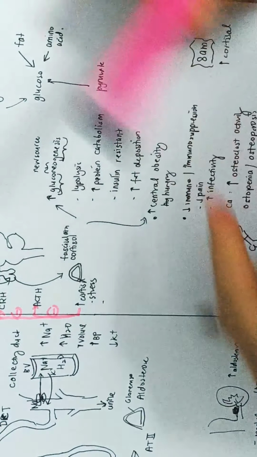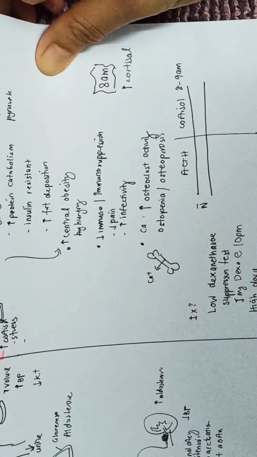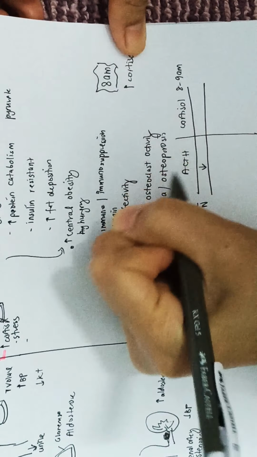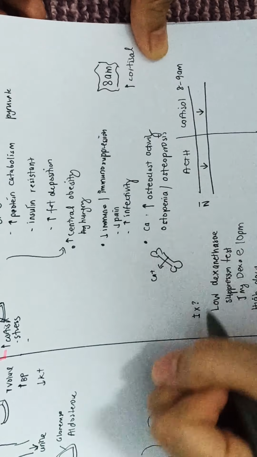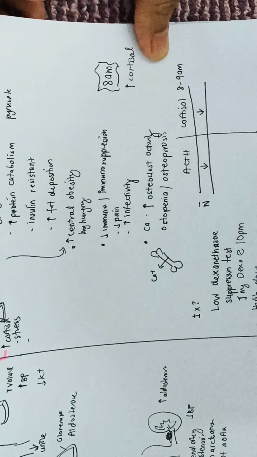So logically, in a normal condition, you are going to find the ACTH to be low and cortisol will be low because you've given it and it has been enough in the circulation.